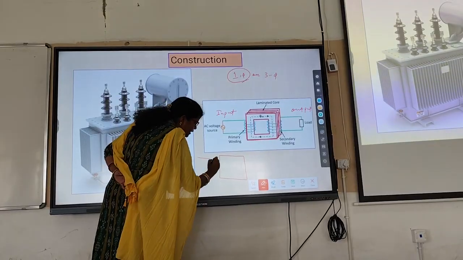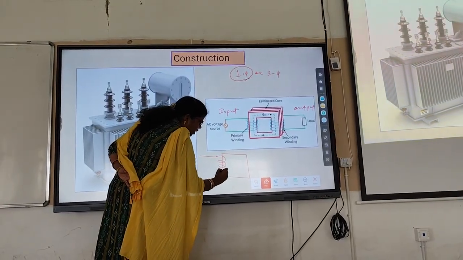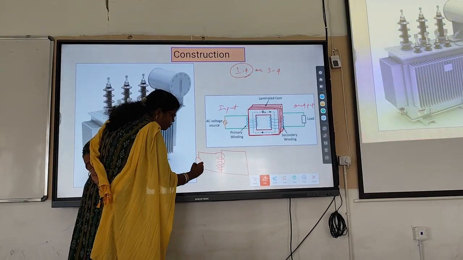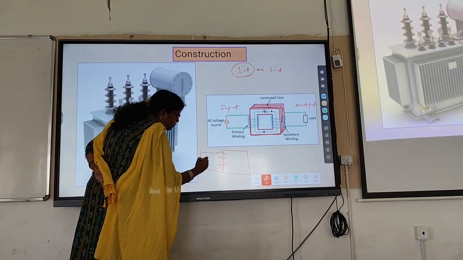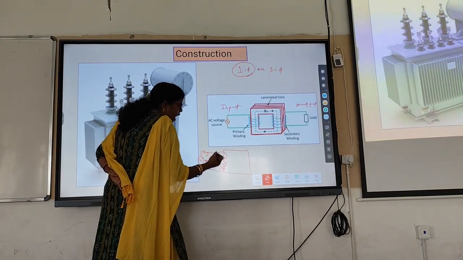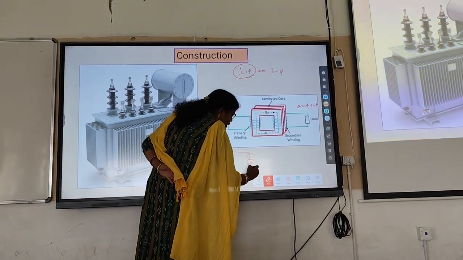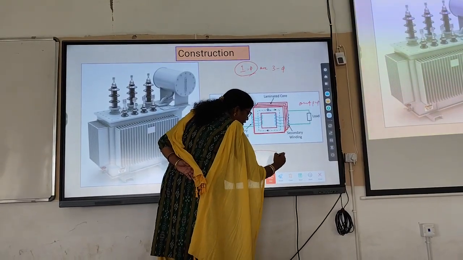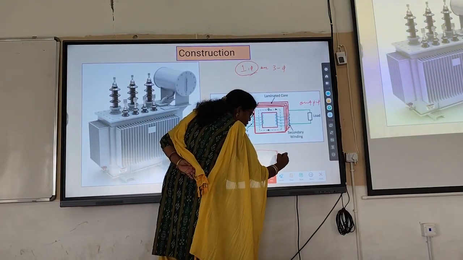Then this is the input side, the number of turns of the winding, and this is used as an input. That's why we give the electrical source, AC source. The other side also takes supply from the core and is connected with the load.